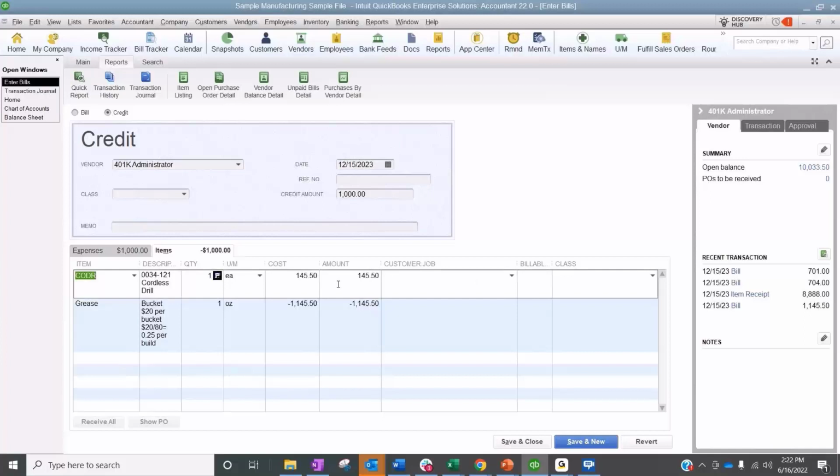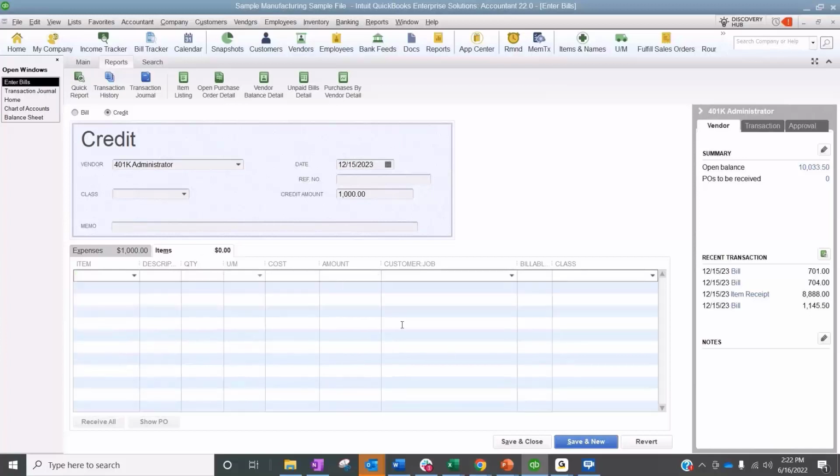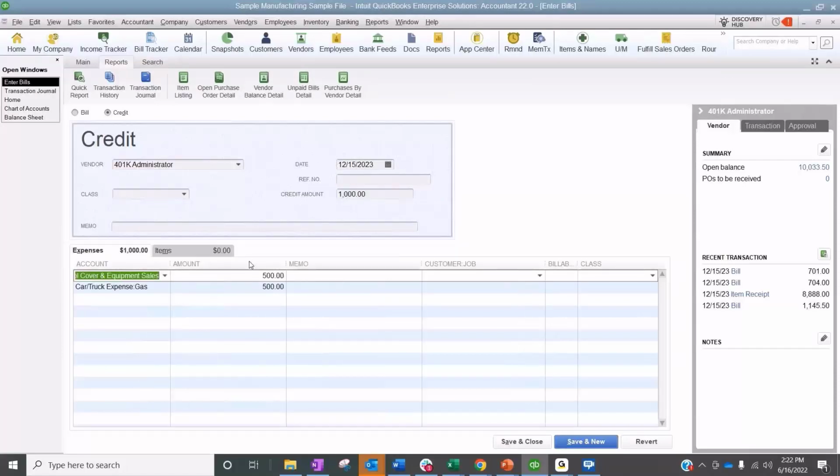Let me get rid of these items. The top portion up here is actually going to debit accounts payable, which will make it go down. And if it's debiting accounts payable up top, the down below here is going to then credit whatever accounts we chose down here. Okay, so bill versus credit.